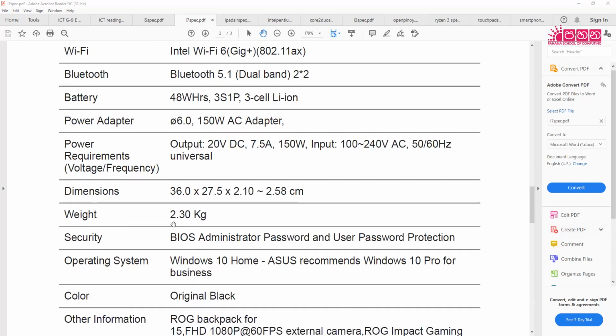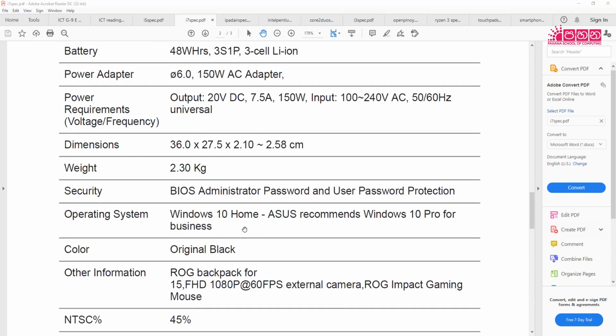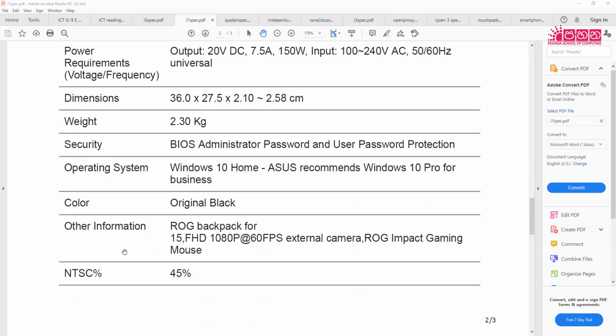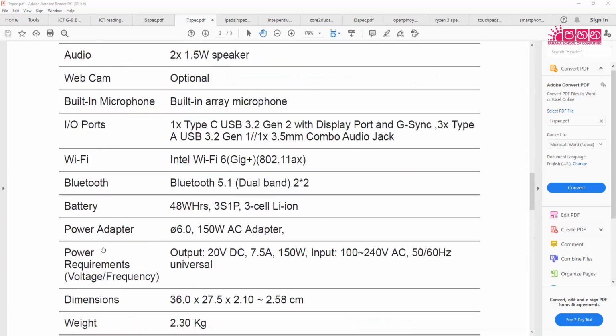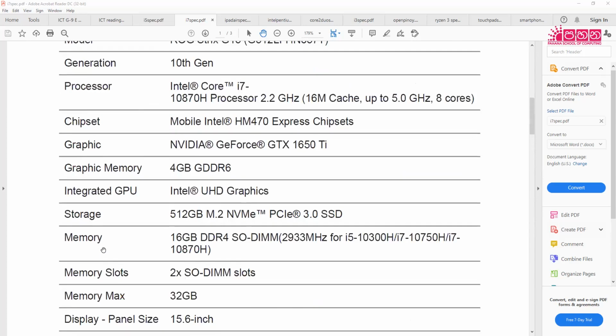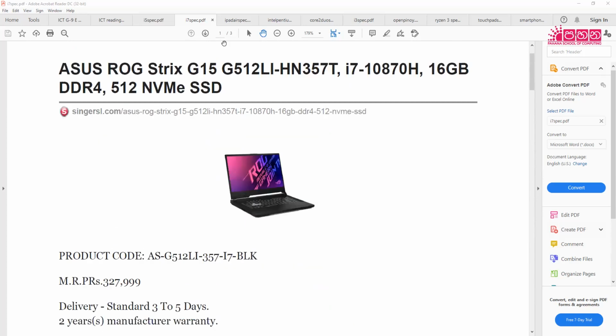Dimension, weight, security, operating system, Windows 10 Home, color, and so on. So there is a lot of information here. I hope you can take down a couple of them.